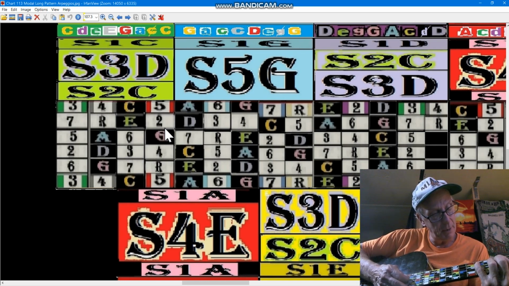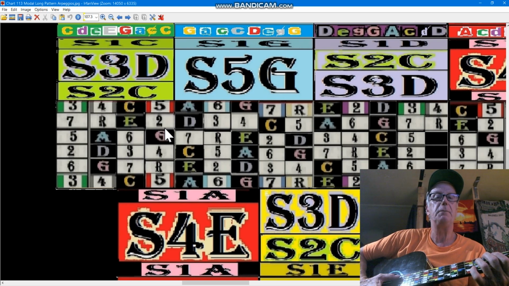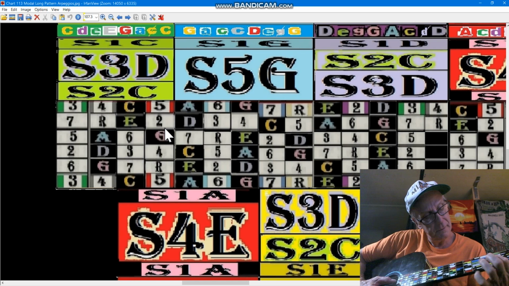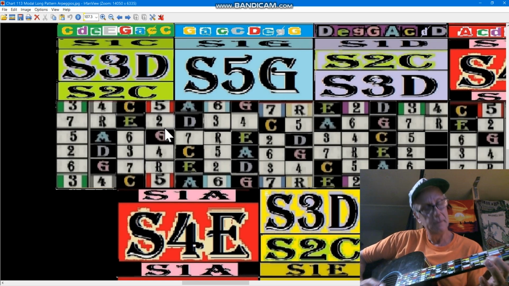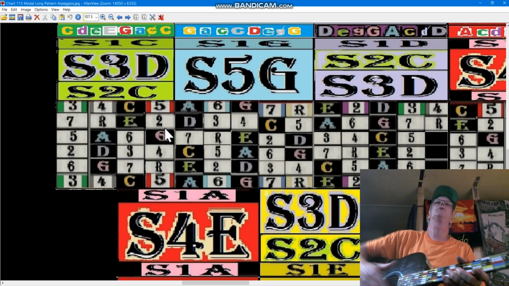But then it's minor. And then we have the diminished fifth. Okay, so that's modal for the short pattern in the C.